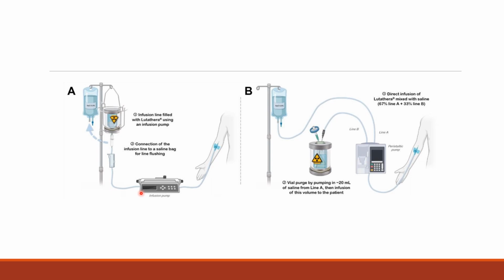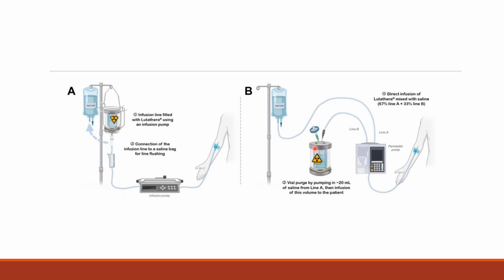Now, in image B, that's the gravity method, and basically you have the direct infusion where your vial is here. You have saline running through one line to the patient, and then in this line, you have this little air filter to pressurize it.